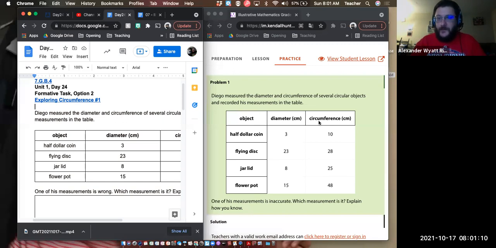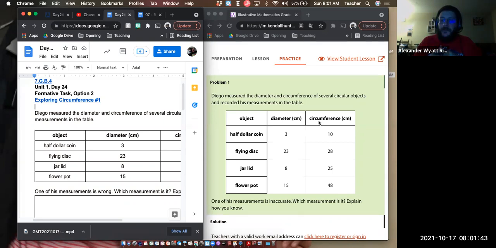But if you were to divide the circumference by the diameter, you would notice that there's a similarity in 3 out of the 4 of them. 10 over 3 is 3.33 repeating. 25 over 8 is 3.125. 48 over 15 is 3 1/5. That's 3.2. But 28 over 23 is 1 point, I don't know, quarter or something like that. So which one is inaccurate?